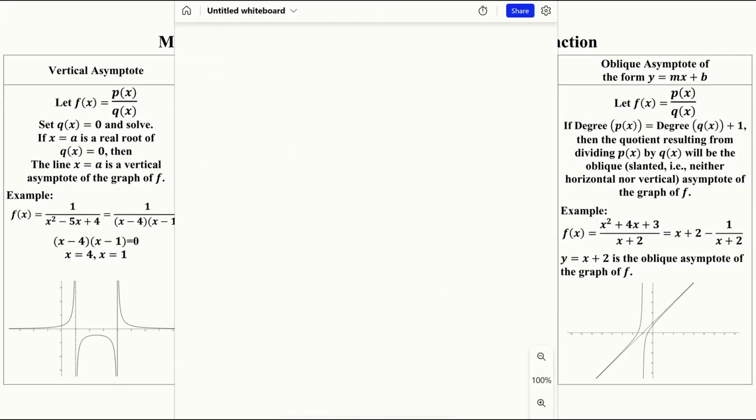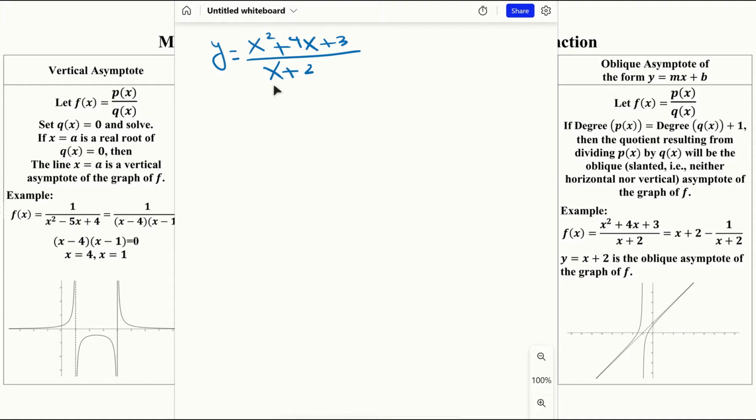All right, so the approach here is just to divide the two polynomials, right? So we have y equals x squared plus 4x plus 3 over x plus 2. And you should be very comfortable with this kind of business now. We're just going to do division using synthetic.